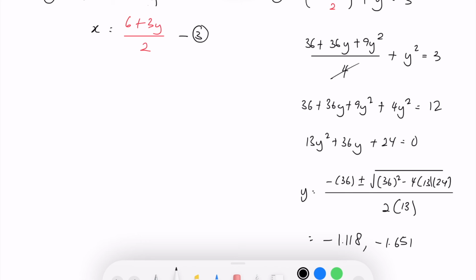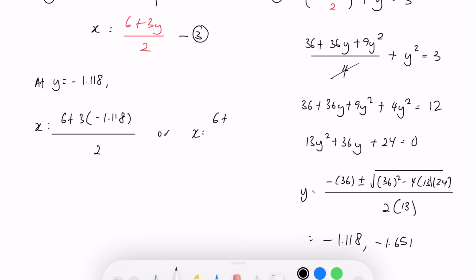So at y equals negative 1.118, x should equal 6 plus 3 times negative 1.118, all over 2. Or x could also equal 6 plus 3 times the other y, negative 1.651, over 2. Now let's try and get these answers. Just key them in the calculator. Negative 1.118 times 3 plus 6 divided by 2.